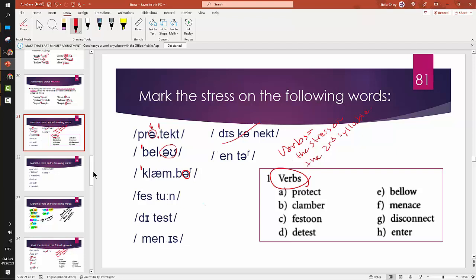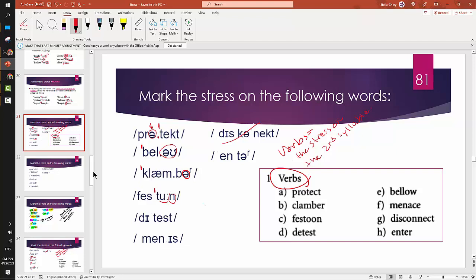Festoon. Here, as a general rule, we'll stress the second syllable, and because we have long oo sound with coda, when we have coda the oo sound becomes stronger, so we will put the stress on the second.